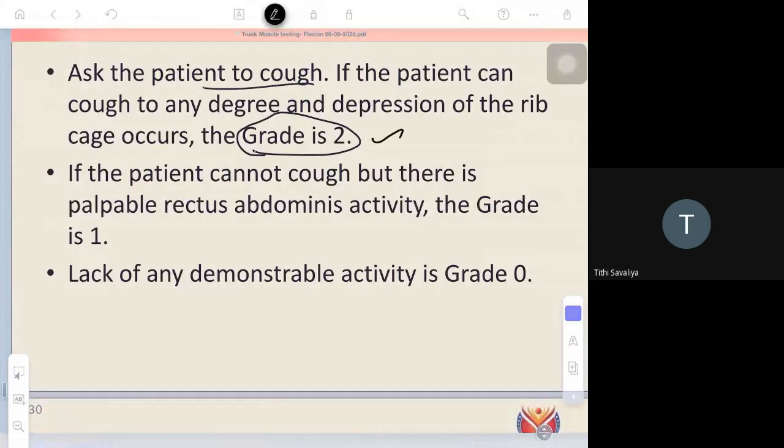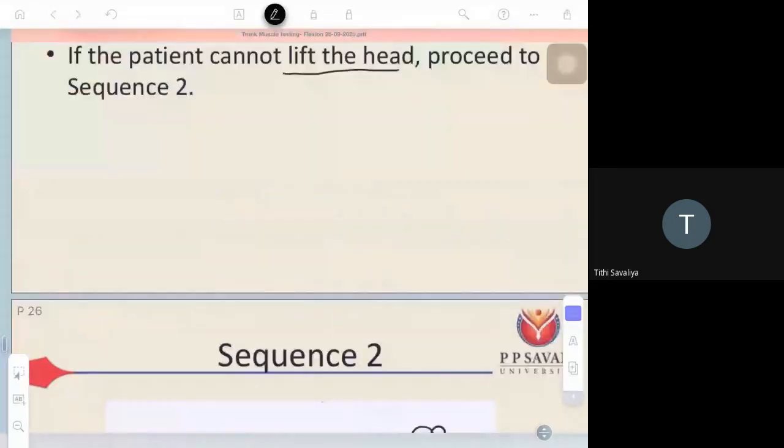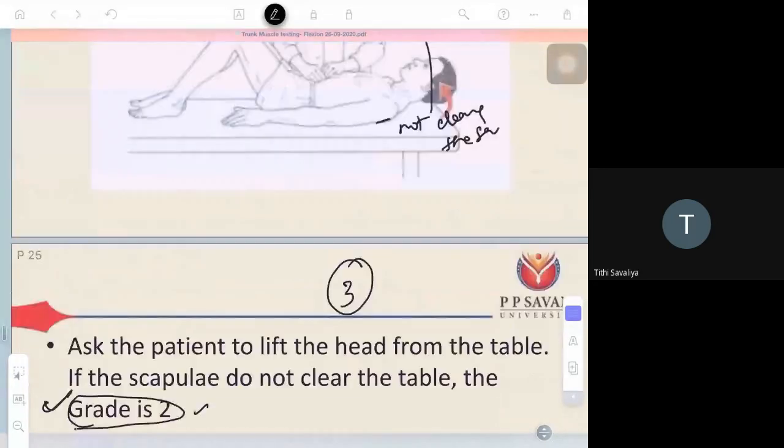If the patient cannot cough but there is a palpable abdominal activity, grade 1. If there is lack of any demonstrable activity, then grade 0. So these are the 3 sequences. It may slightly confuse you, but once you go through the slides again, it will be easy for you. Clear?